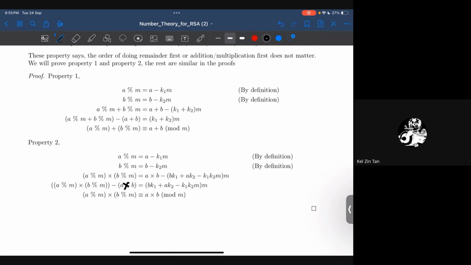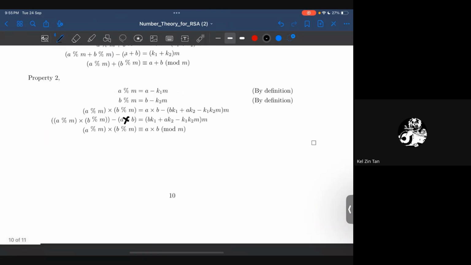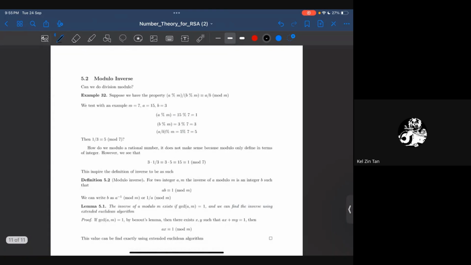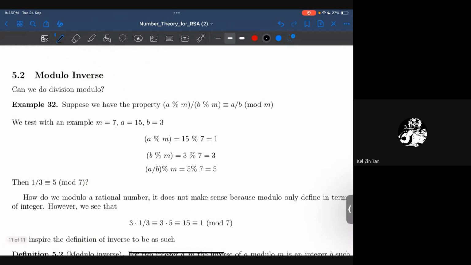Okay, so this is nice. Modular operations have this very nice property. But the question now is, can we do division modulo? So let's look at an example for this. Suppose we have this property. We're not sure whether this is true or not. So now let's check.